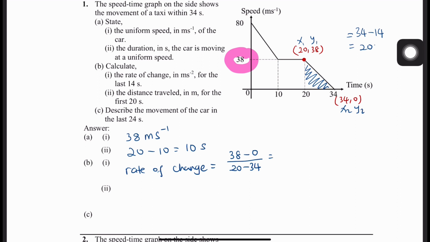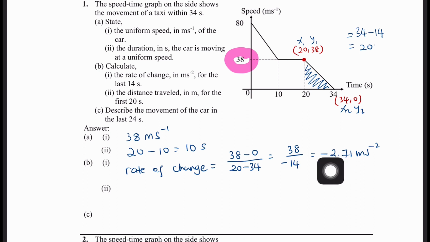Okay, so 38 minus 0 is 38 divided by 20 minus 34 is negative 14. So your final answer is negative 2.71 meter per second square. Okay, so dapatlah. Okay, apa maksud negatif ni?